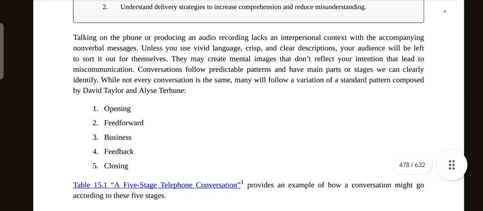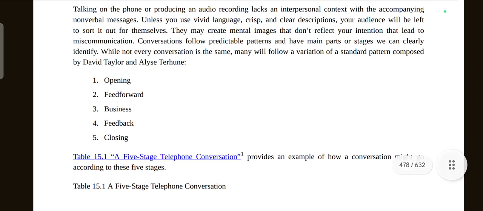So conversations follow predictable patterns. They have main parts or stages that we can clearly identify. Many also will follow a variation of a standard pattern. These are composed by David Taylor and Alice Terhune.